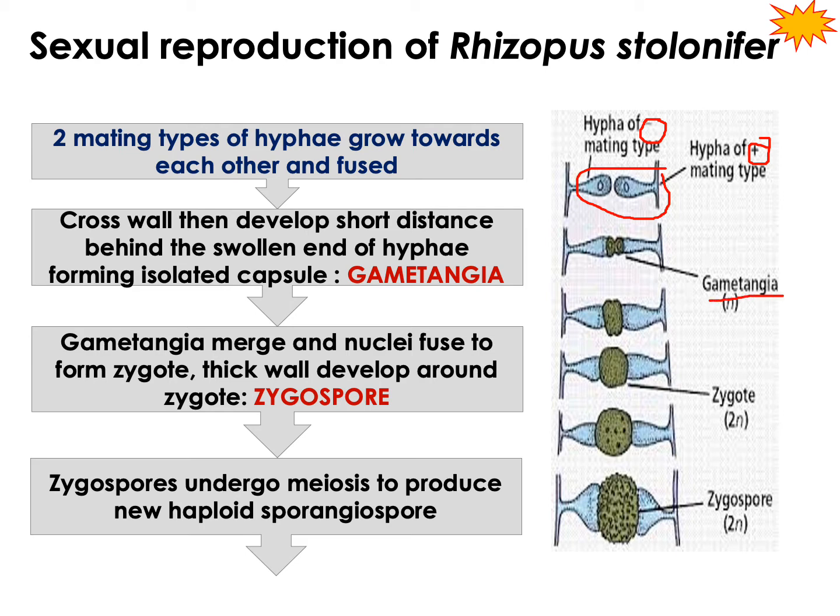This is the gametangia. That's plural; for singular, it is called gametangium. The gametangia merge and nuclei fuse to form the zygote. A thick wall develops around the zygote, called the zygospore. So now this part here is called the zygospore. The zygospores undergo meiosis to produce new haploid sporangiospores.